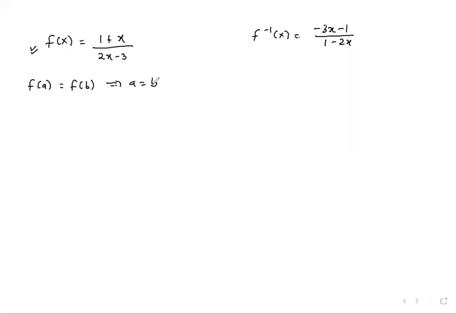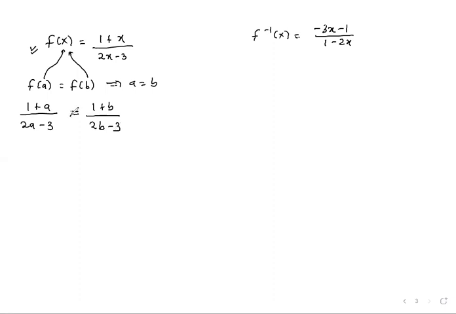Now to find f of a, in f where there is x, you substitute a. So we have (1 + a) over (2a - 3) is equal to f of b; where there is x, you put b. So we have (1 + b) over (2b - 3). And then you can cross multiply.